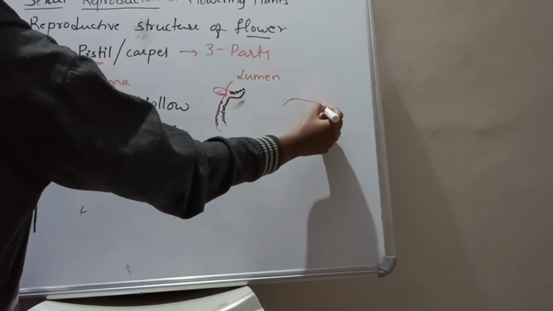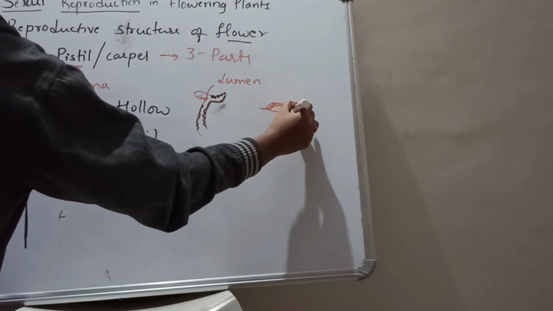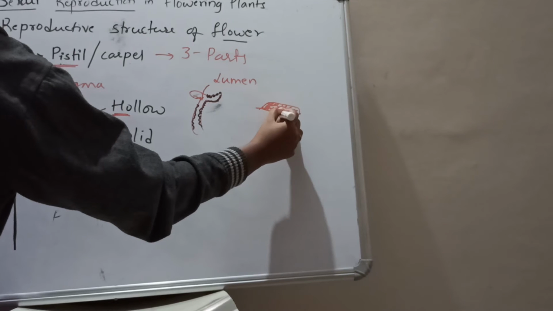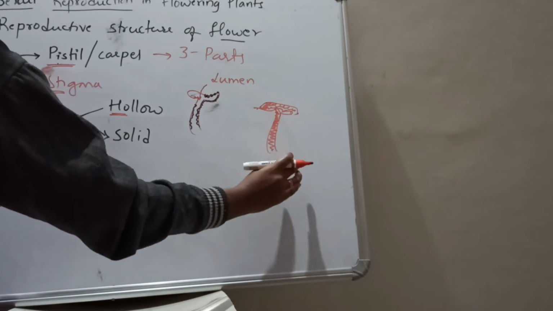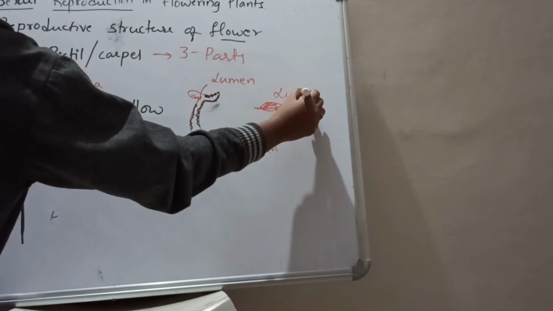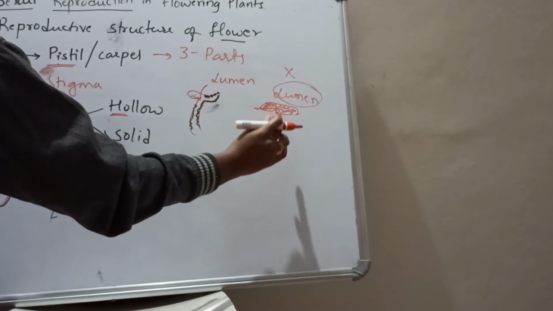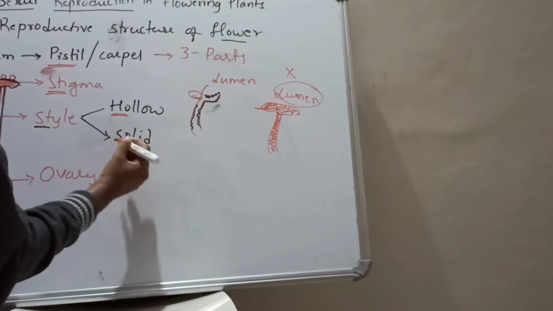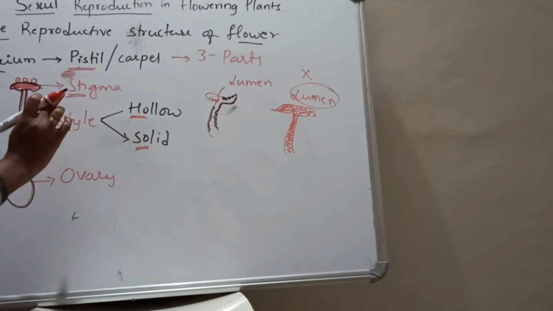Here it is the style, and the epithelial or epidermal cells are present on the style. There is no presence of lumen. The lumen or the cavity is absent. That style is called solid style.